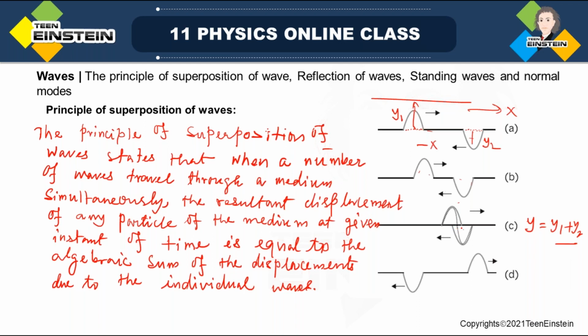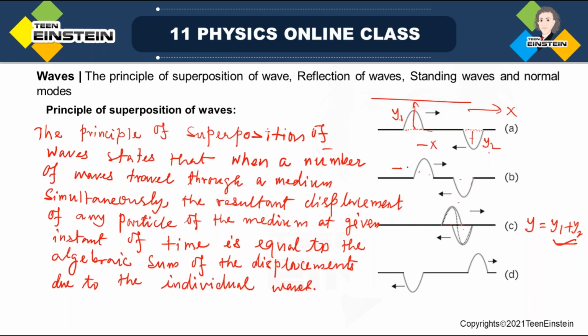and upon superposition, what will be the resultant displacement of these particles on the string? That will be given by the superposition principle, the algebraic sum of the displacement produced by each. Suppose this is y1, this is y2. If you closely look at these figures, both of them have the same displacement amplitude.